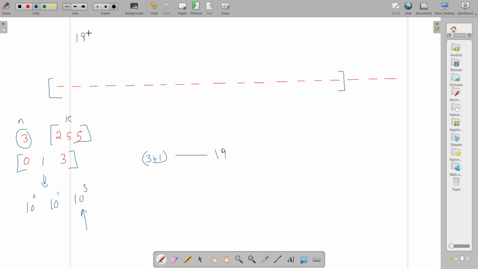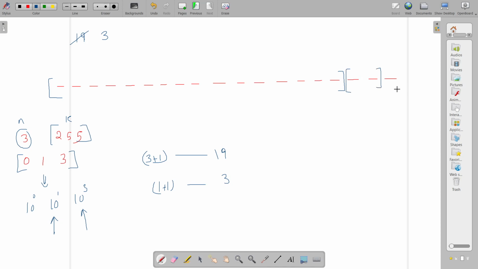Then I will update my value. Now I don't have 19 remaining digits. I have only 3 remaining digits. Then I go to the next number. I have 3 remaining digits. What is its power? Its power is 1. So everything from 1 plus 1 to 3 is going to be my second segment.